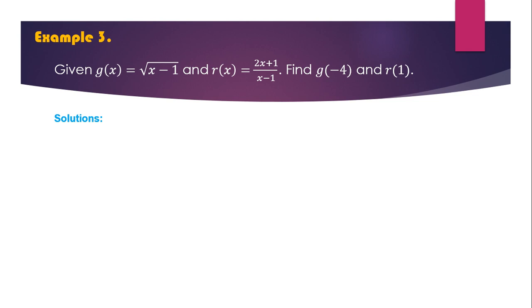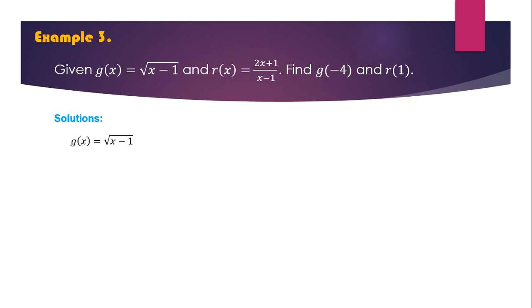Okay, given g of x is equal to the square root of x minus 1 and r of x is equal to 2x plus 1 over x minus 1. Find g of negative 4 and r of 1. So solution, we're going first to answer g of x equals to the square root of x minus 1.